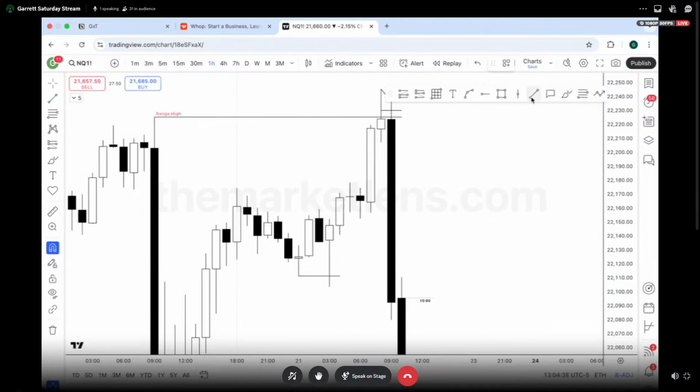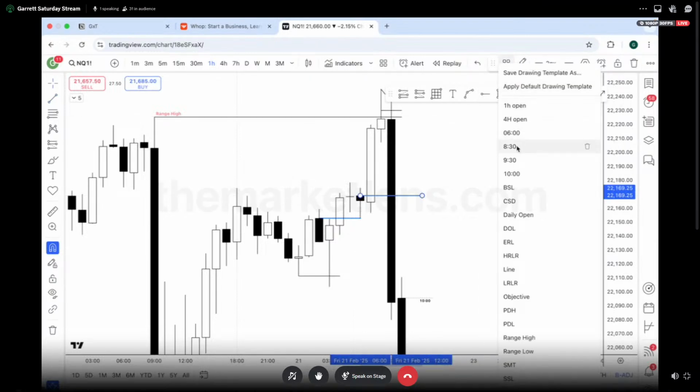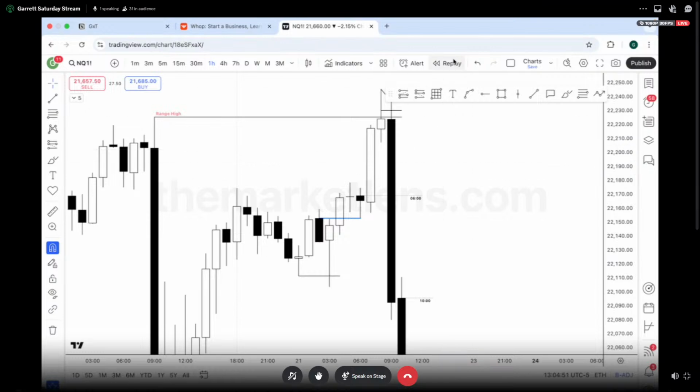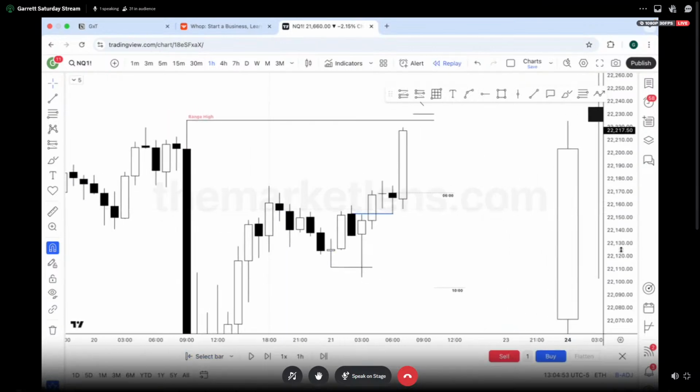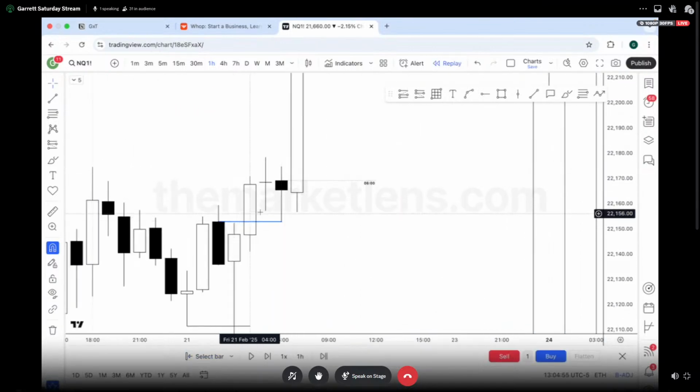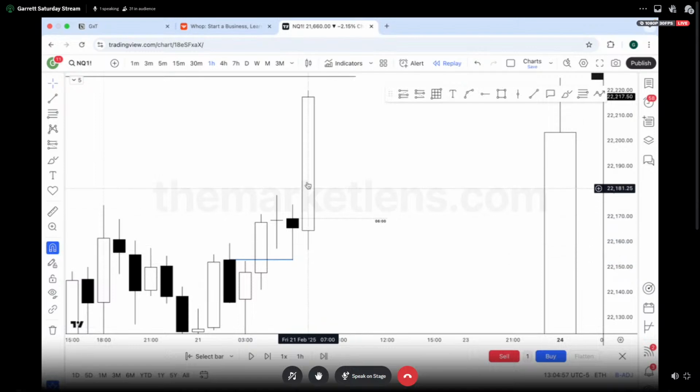You have an opposing candle close. And you have the 6 AM candle right here. What is the 6 AM candle low created from? It's created from a fair value gap and a candle 2 closure. So you can trade within this candle.